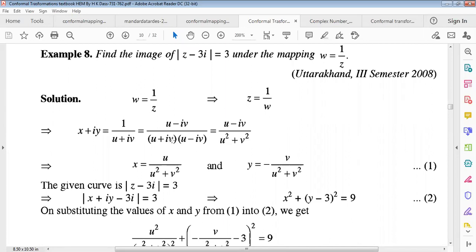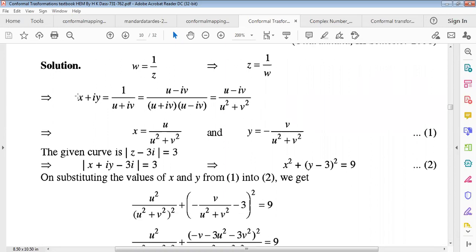That means (U plus iV) into (U minus iV) gives U square plus V square. Now equating real part and imaginary part, X equals U divided by U square plus V square, and Y equals V divided by U square plus V square, but there will be a negative sign, minus.